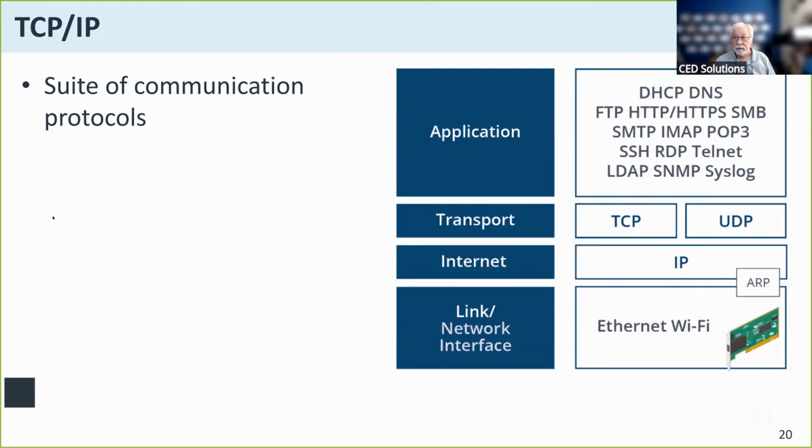And I want you to notice, hovering in between these two, this little guy here that says ARP. That is Address Resolution Protocol. Its responsibility is to make the connection between the IP address that your session receives and the MAC address, which is your physical address on your NIC.